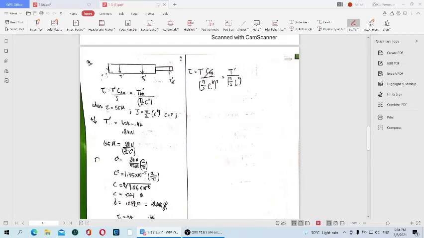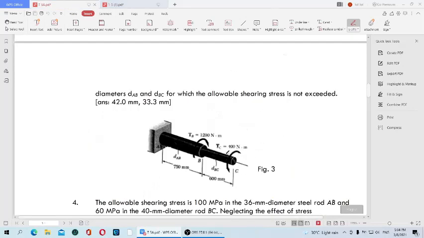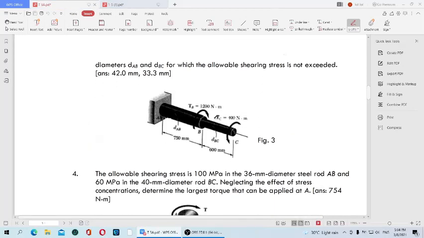So you will have a T prime C, a T prime B, and a T prime A right there. T prime C is the internal torque at point C. The torque being applied on point C is 400 Newton meter, exerted downward from this point of view.